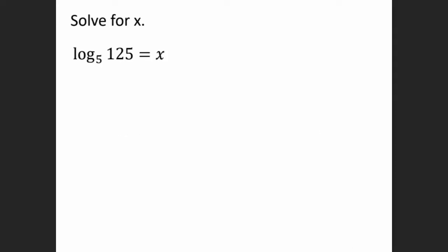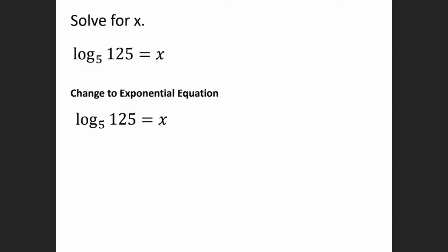So let's solve for this one. Log base 5 of 125 is equal to x. The way I would do it is I would convert it to an exponential equation. The base of this log becomes the base of my exponent, which is 5.